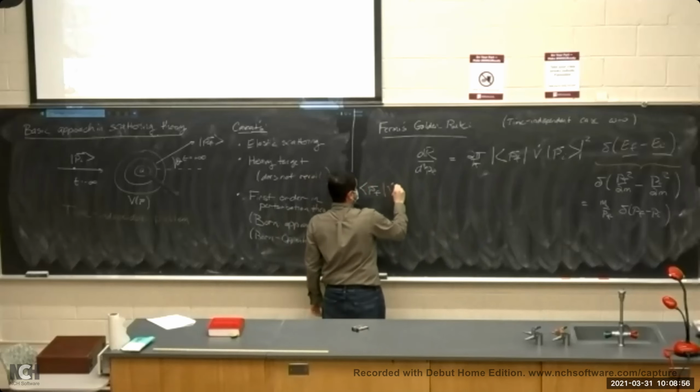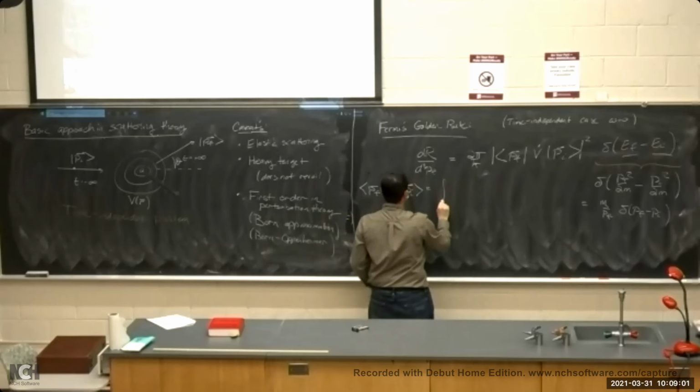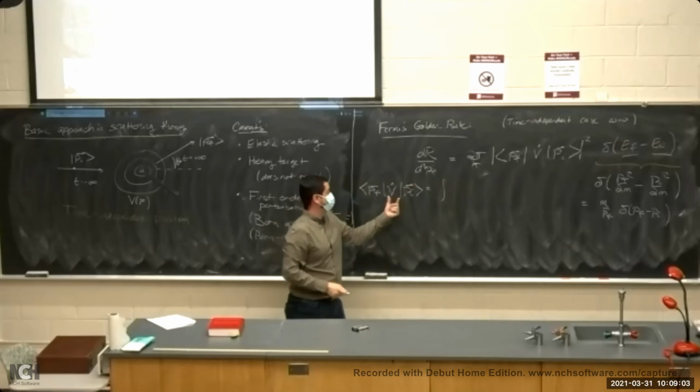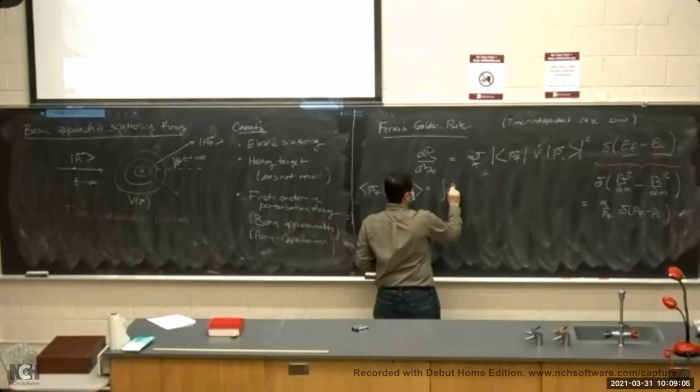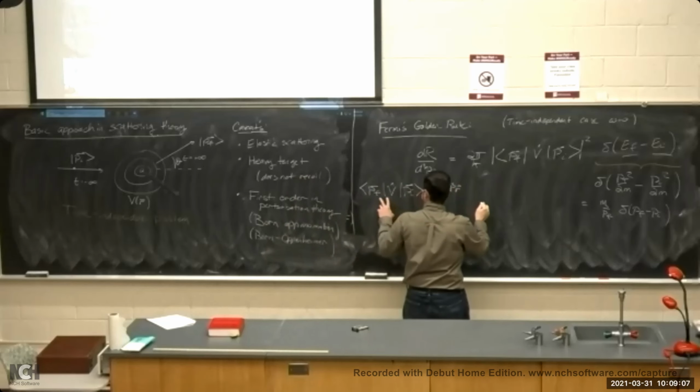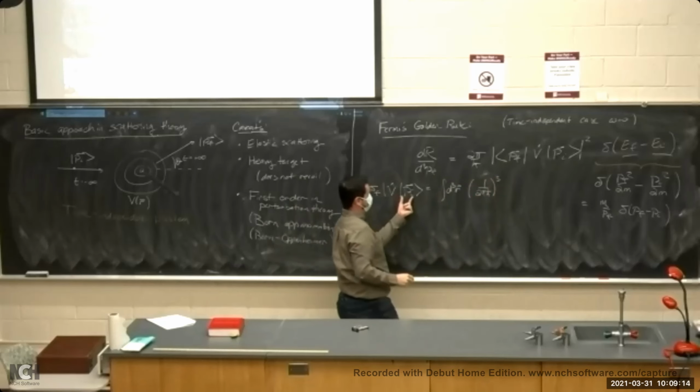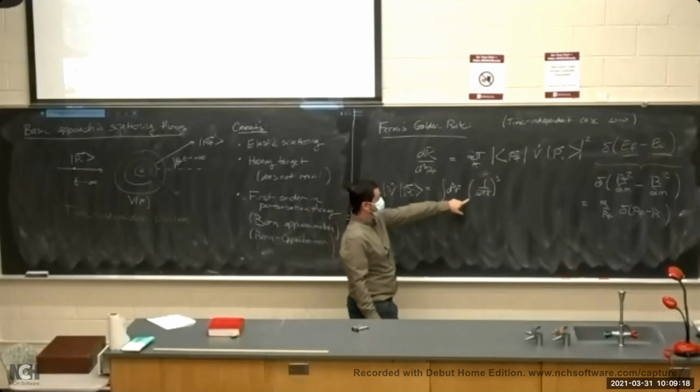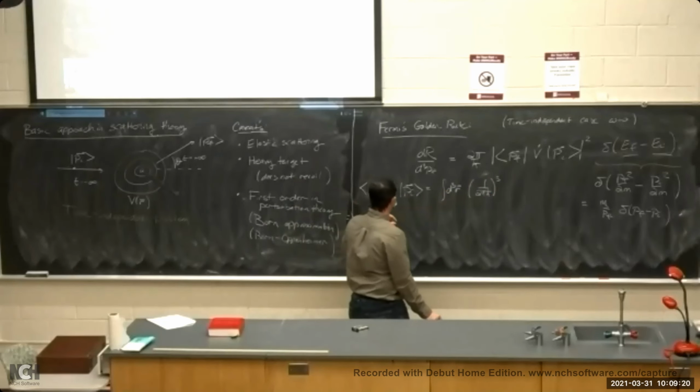P final, some scattering potential, P initial. If I write this in a position basis, I insert a complete set of position states. I get integral d3r. The normalization is 1 over 2 pi h bar cubed. This one came 1 over 2 pi h bar to the 3 halves. This one had it too. So together it's 1 over 2 pi h bar cubed.